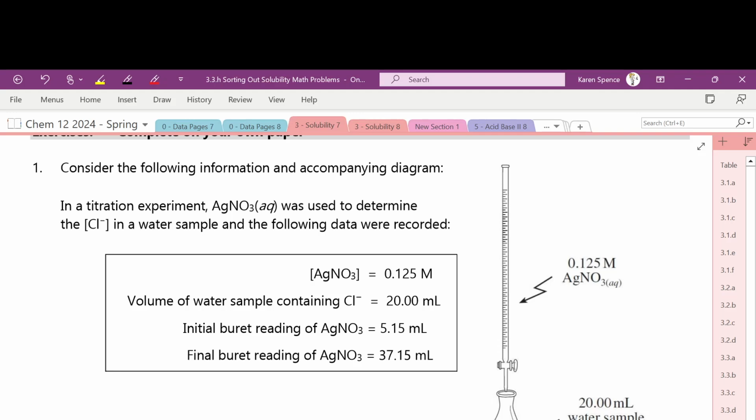That's the first thing you have to do in a titration, say who is the precipitate. And this is also the one place where you're not going to be using the KSP, because KSP is for the solubility equilibrium equation, for all the others, but not this one.